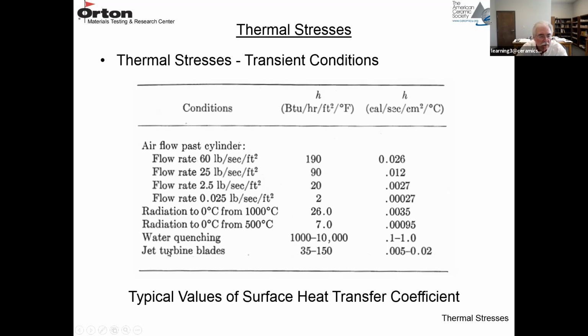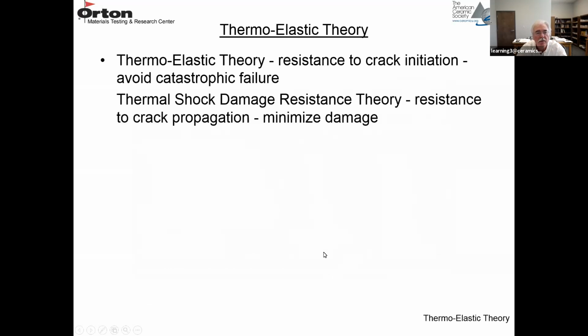And jet turbine blades are maybe 35 to 150. So you can see the difference between rapid quenching and a less severe condition where the heat transfer coefficient is much smaller. So that's how thermal stresses develop.